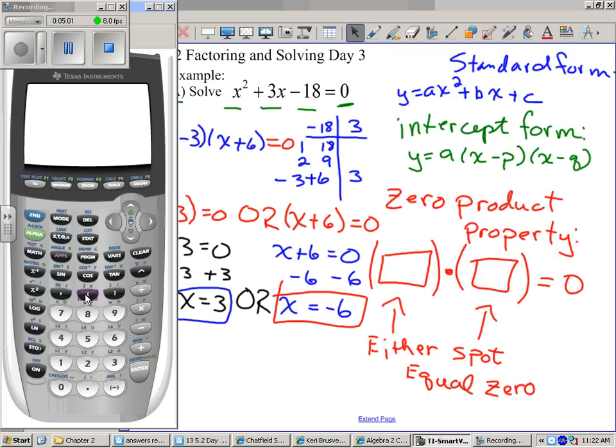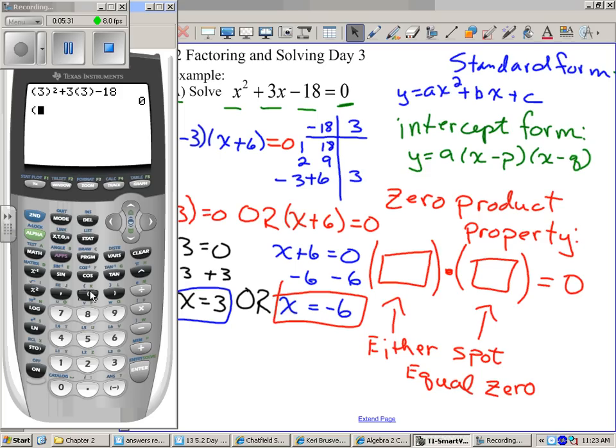Let's check this. I'm going to say that x is 3. So I'm saying 3 squared plus 3 times 3 minus 18. Notice that gives me 0, just like it's supposed to. X squared plus 3x minus 18 gives me 0. Let's check my other problem.